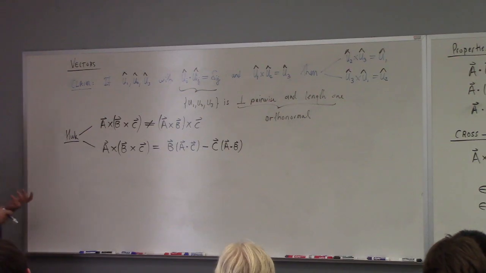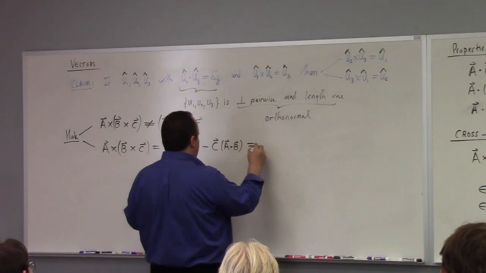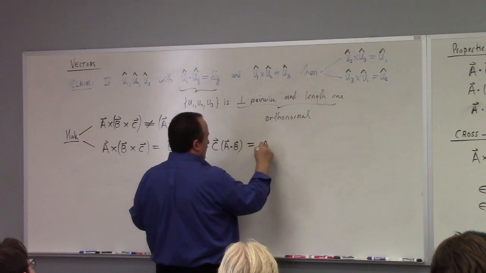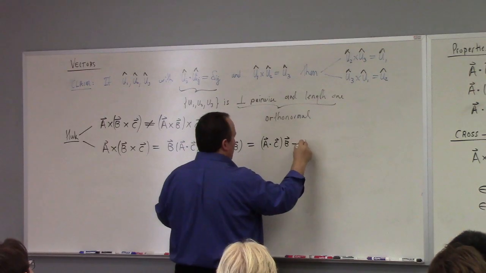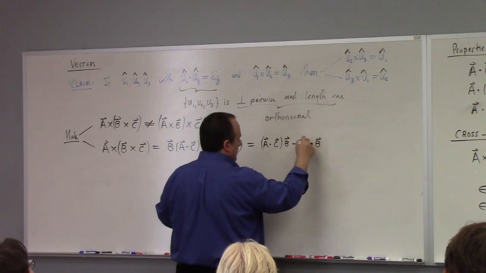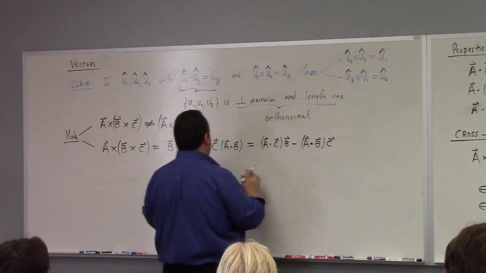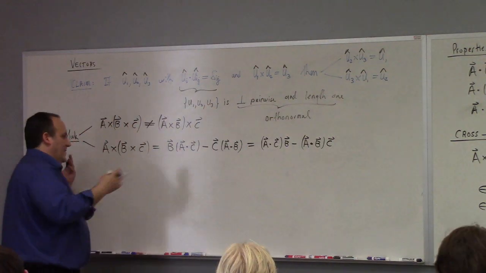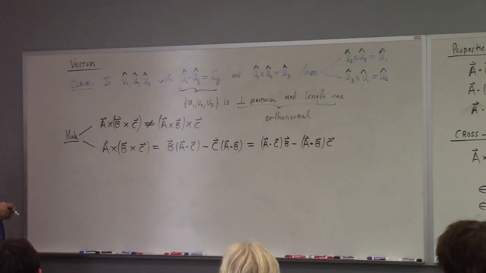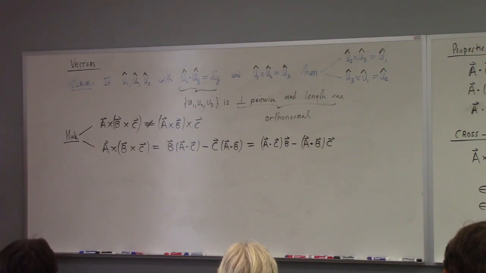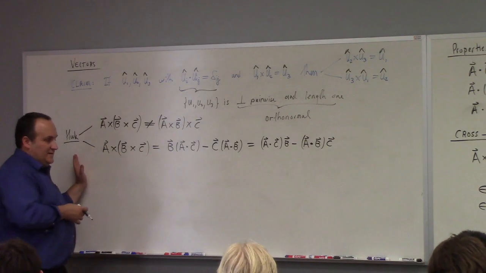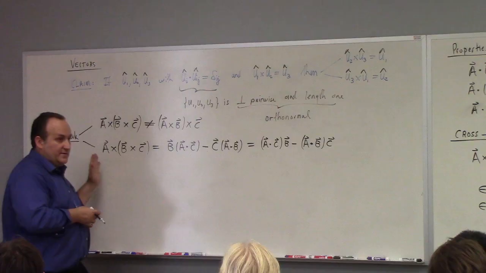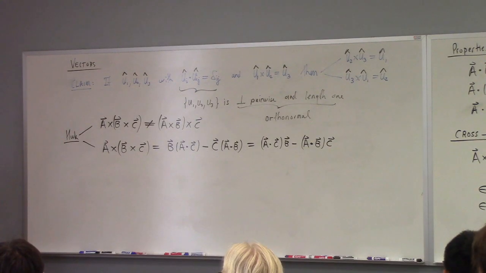So in my homework problem, it looks like (A dot C) times the B vector minus (A dot B) times the C vector. Mine's no longer the back cab identity, it's the ABC identity, I guess. But this is not by any stretch of the imagination an easy thing to prove. This is quite horrible unless you use my hint in the homework. Do use my hint. Otherwise it's much suffering.